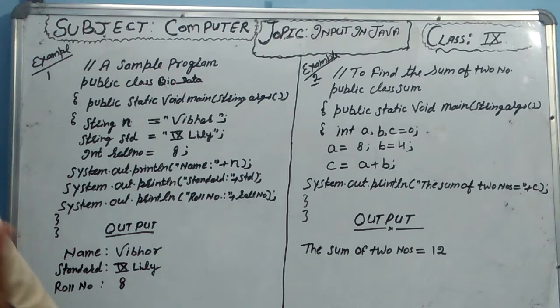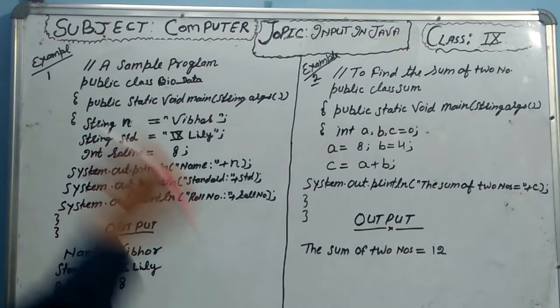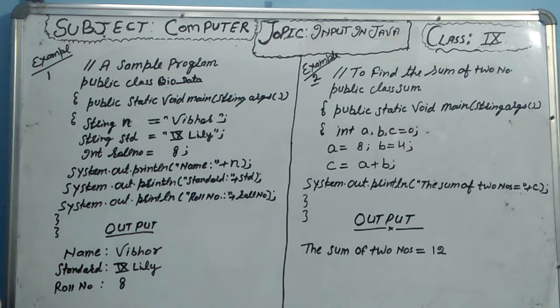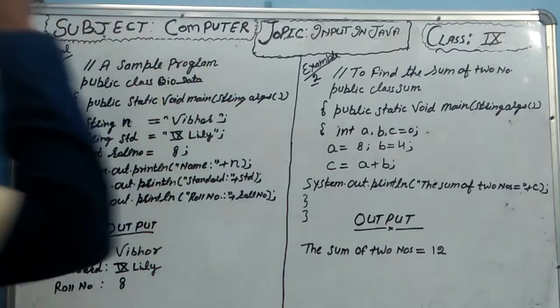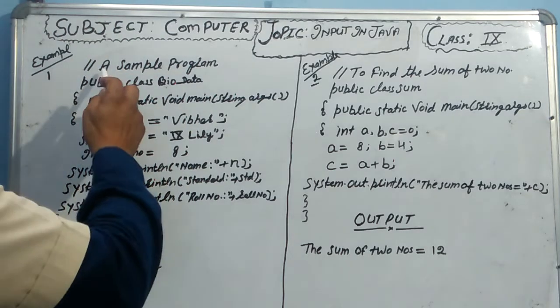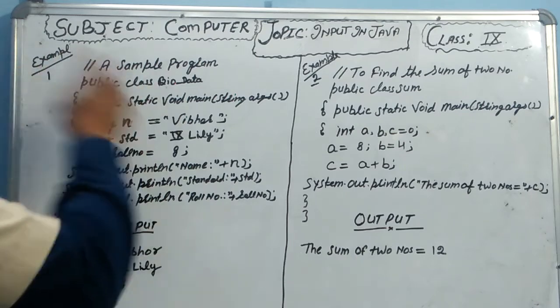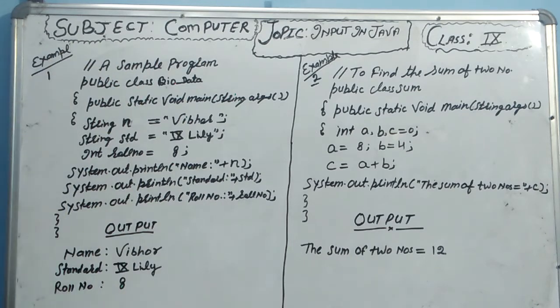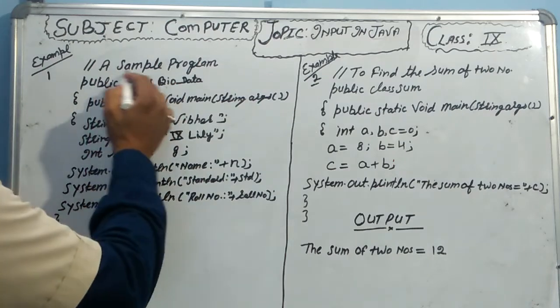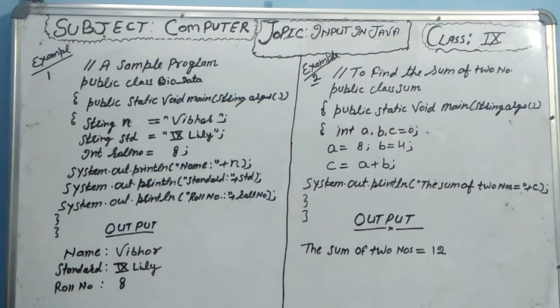Before making the program, we have to write the comments. The comment should be according to the question. You can write a sample program or a biodata program. You can write anything here, but it should be related to the question. So the first line is the comment line: sample program.